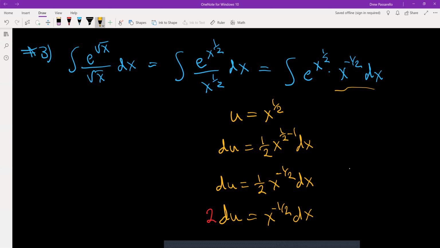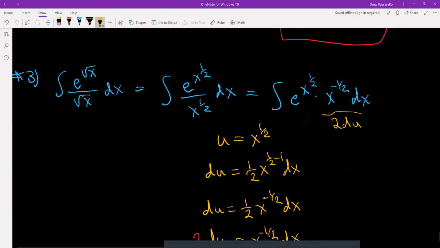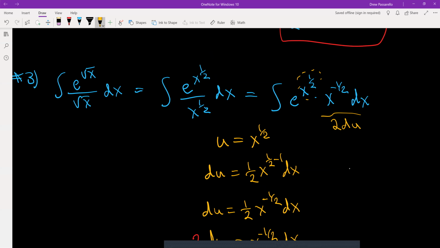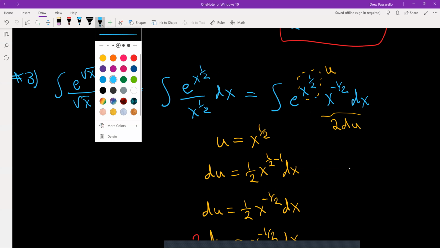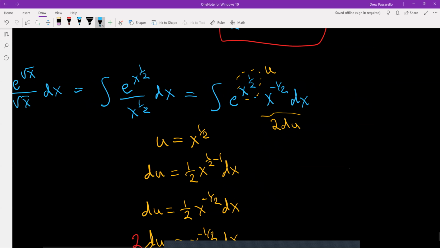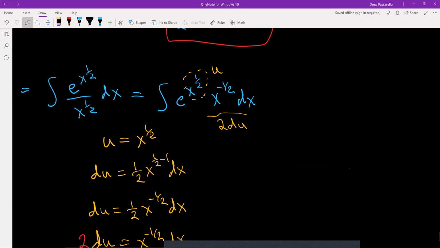All right, so this is 2 du, and we know the x to the 1/2, that part is u. So that's going to be the integral of e to the u, and then 2 du. So now it's a lot easier. I'm going to factor out the 2.